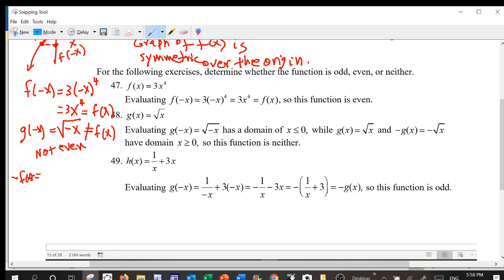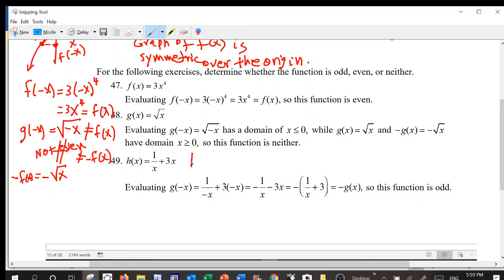Now, negative f of x is not that. Negative f of x is negative square root of x, which is not that, right? So that means this is not equal to negative f of x either. So we say that this function is neither odd nor even.